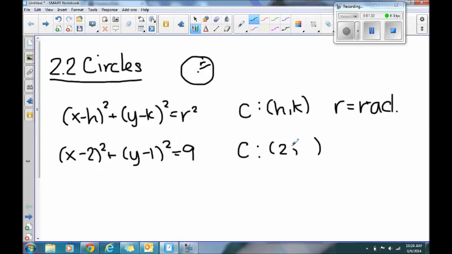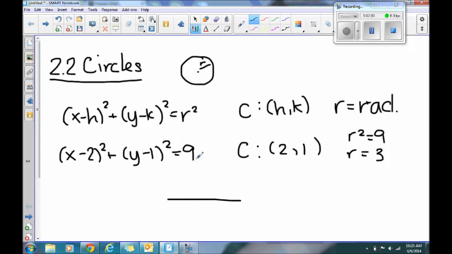We have x minus positive 2 there. And if this expression is supposed to be (y minus k) squared, then I know k is positive 1 because I have y minus positive 1 here. Also, if r squared is equal to 9, then that tells us the radius of our circle has to be the square root of 9, or equal to 3.